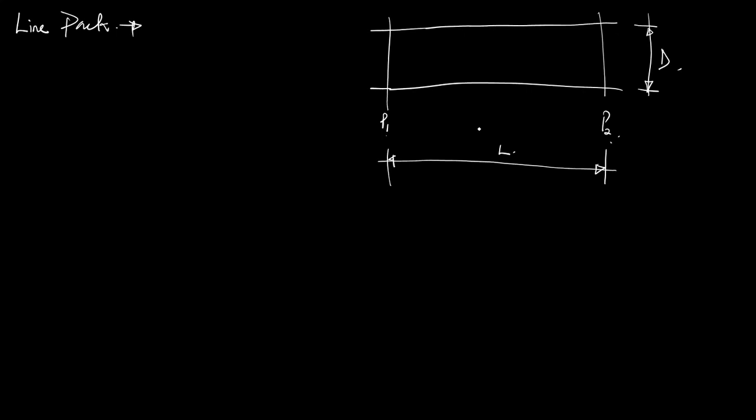So when you want to calculate the line pack, we use smaller distances, calculate the line pack at each smaller distance, then sum them all together to get the line pack of that pipeline.